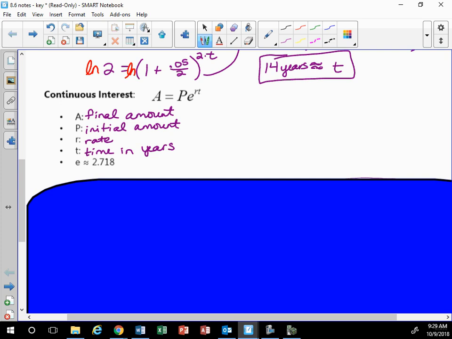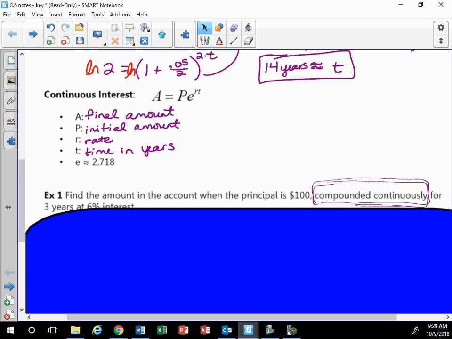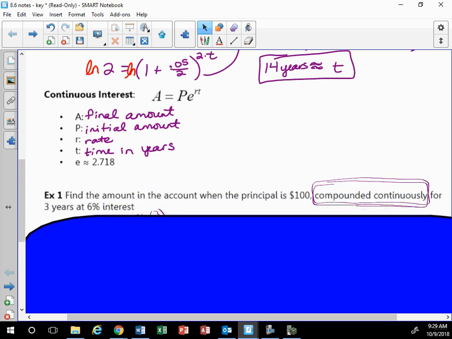Okay, so nothing new there, just a different way of writing it. We don't have an n to deal with this time, okay? This is when your interest is compounded continuously. That means it's compounded so many times in a year that you can't give me a number for how many times it's compounded. So you need to just look for the wording in the problem.